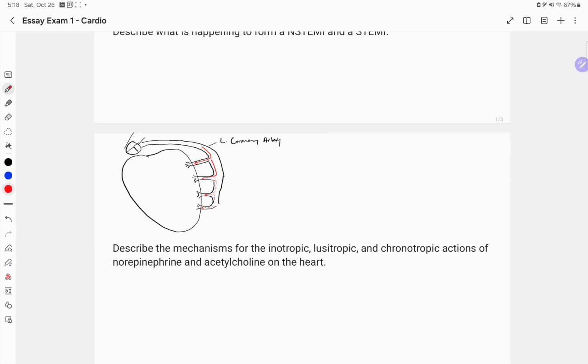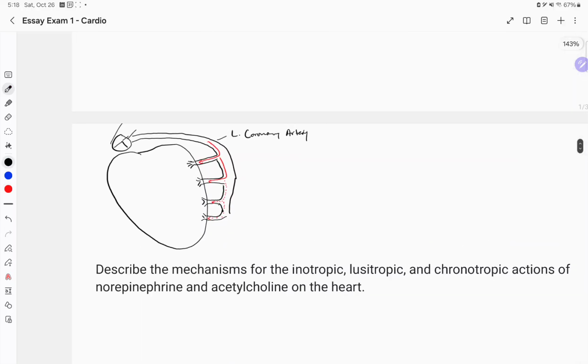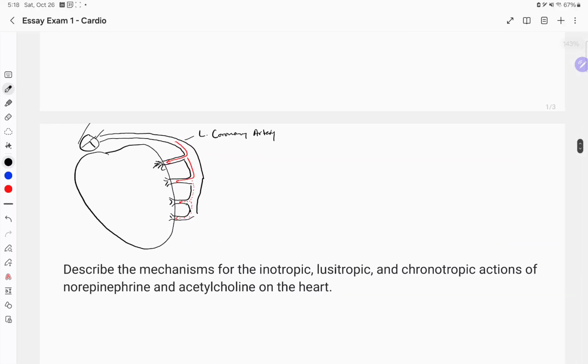And so if we were to draw, you see, our ventricular walls here of the heart.